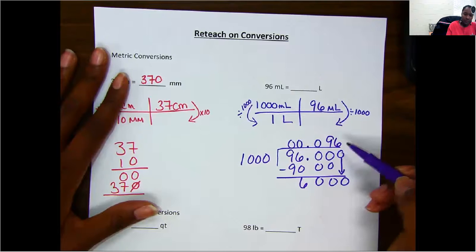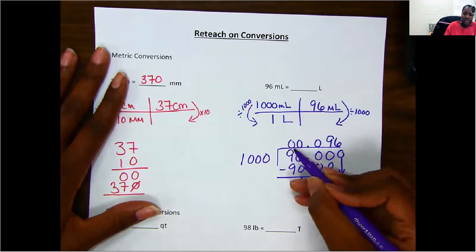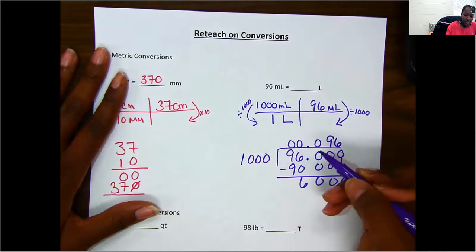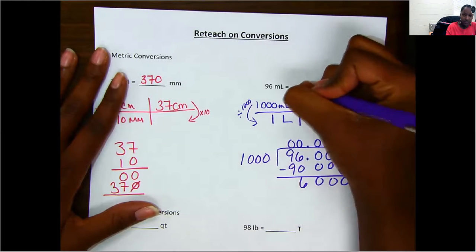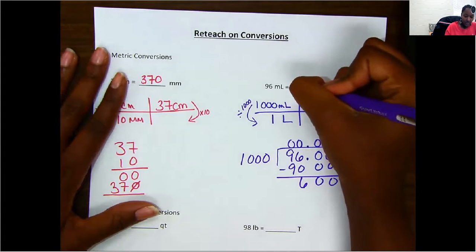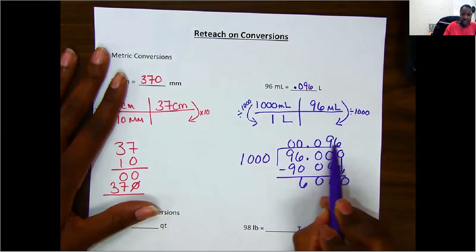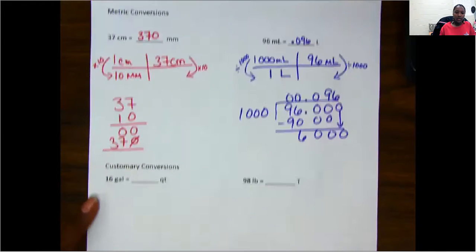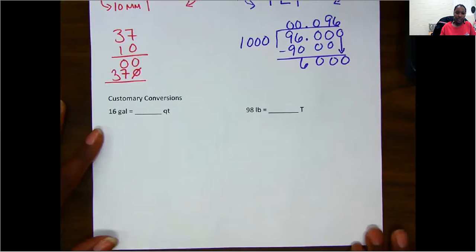So now I need to transfer my answer. I do not have to keep the zeros in front of the decimal if I do not want to. It does not change the value of my answer, but I do need to make sure I have a decimal. Decimal 096.